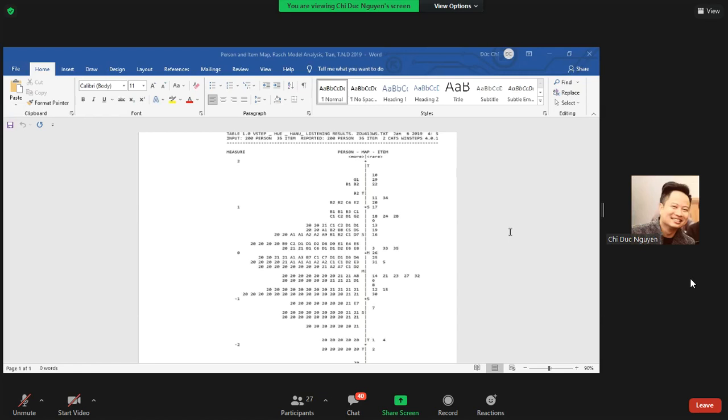Okay, so you're right. This difficulty level of the test is not very appropriate for the target students. I will point out maybe 2 pieces of very critical evidence here. The difficulty level of the test items goes all the way from the bottom to the top over here. Can you please focus on the top?